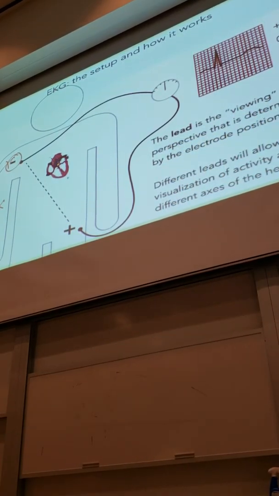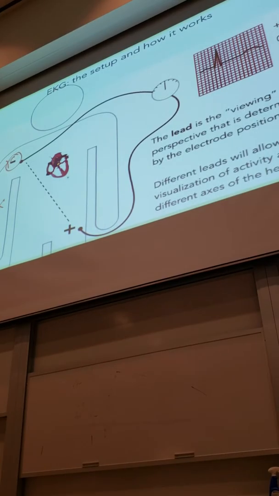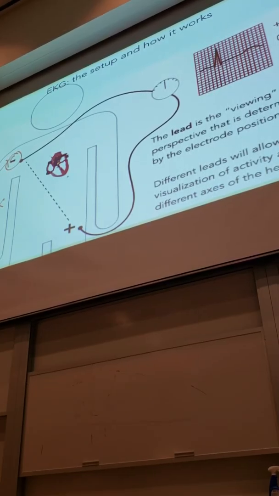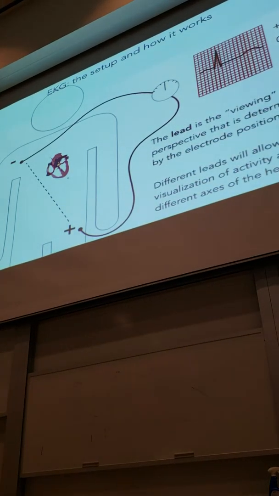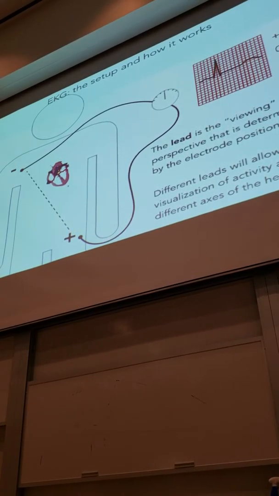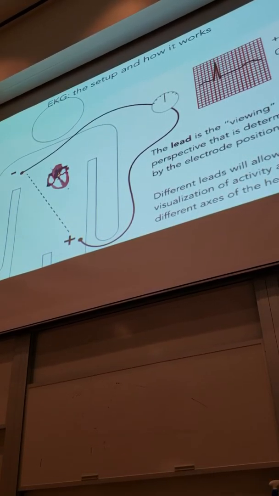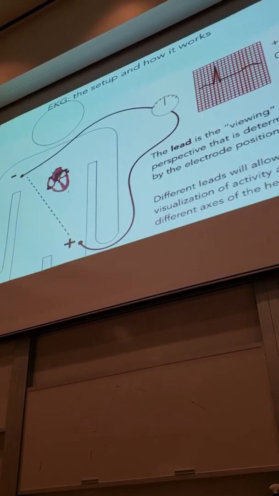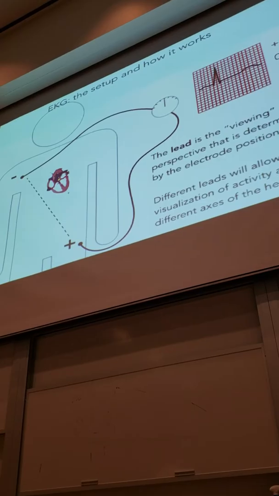Could go on your ankle, shin, knee, thigh. It's all going to look the same because it's where that connects to the rest of your body. So, in other words, moving your arms and legs with electrodes attached is not going to change your EKG, except all movement affects EKG. All right. So that's what a lead is.